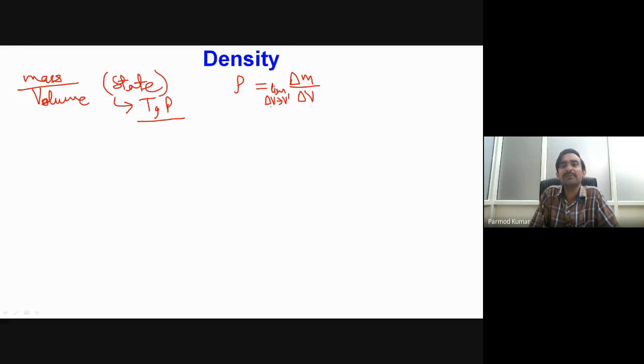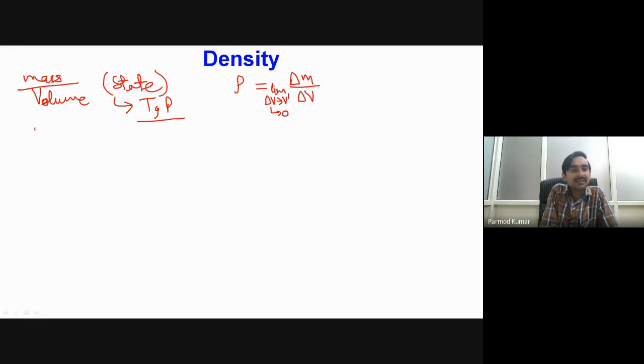Normally you might see that many times we write the limit of volume approaching 0. But here, while specifying this mathematical formulation of density, instead of writing delta V approaching 0, I am writing delta V approaching V dash. Why so? Let me explain with the help of a graph.